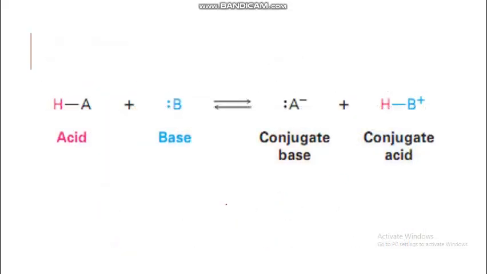So in a general sense, the acid will donate a proton or a hydrogen, most commonly hydrogen, when we react it with our base.